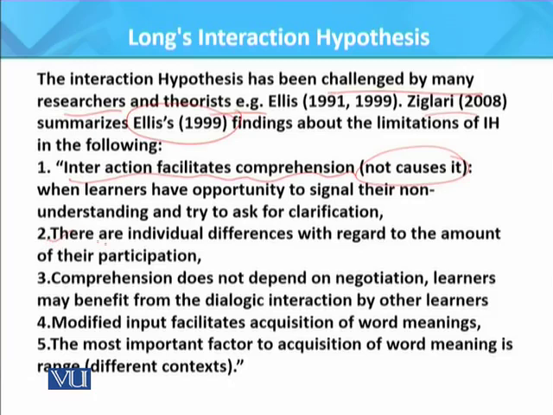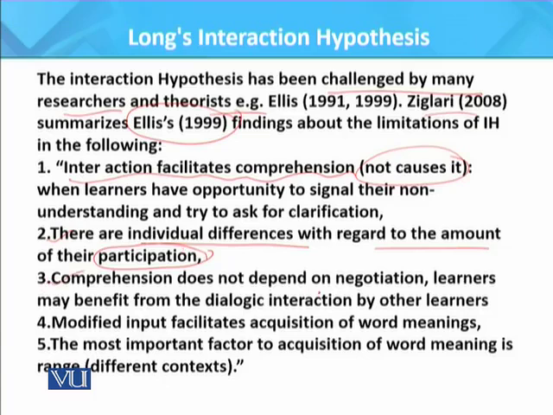Then there are individual differences with regard to the amount of participation. Individual differences are bound to be there, and how they facilitate the interaction that takes place is again a question yet to be answered.